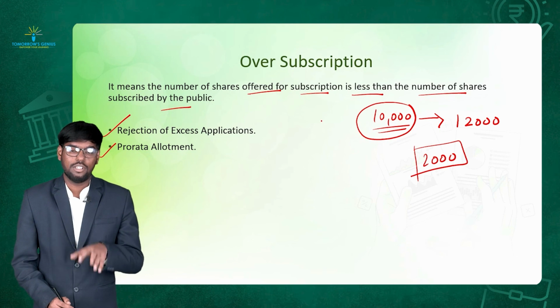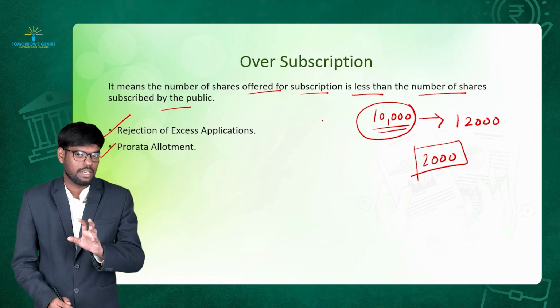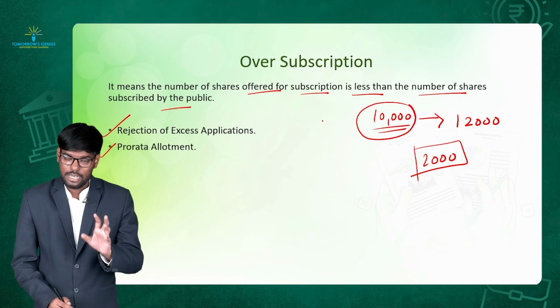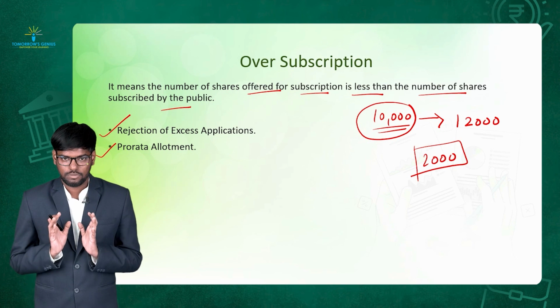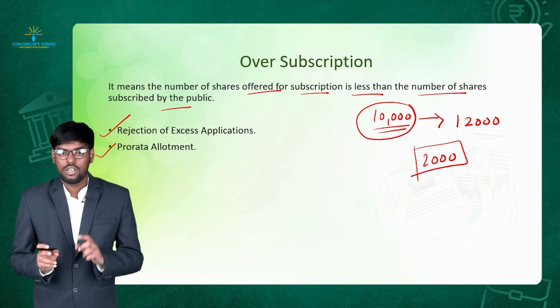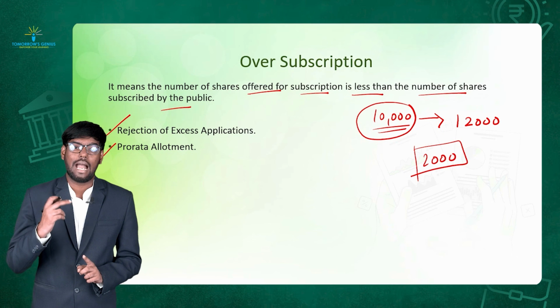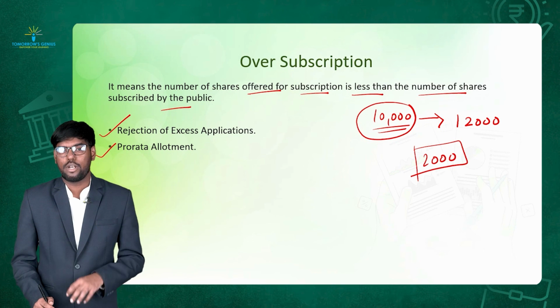So what is rejection? Rejection is nothing but the company is not going to allot them any single share, right? The company will send them a regret letter, a rejection letter, right? So when the company is rejecting any applications, the company is supposed to refund the application money to those persons as well, right? And what is pro rata allotment?